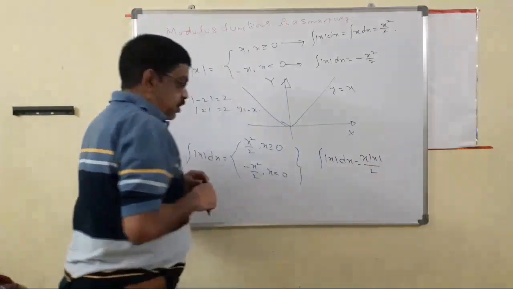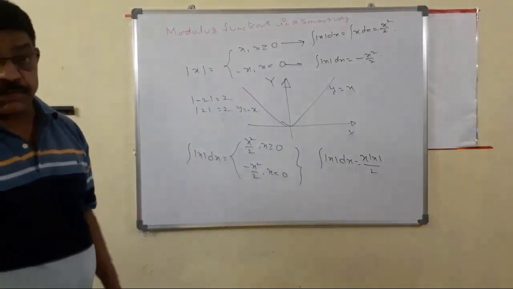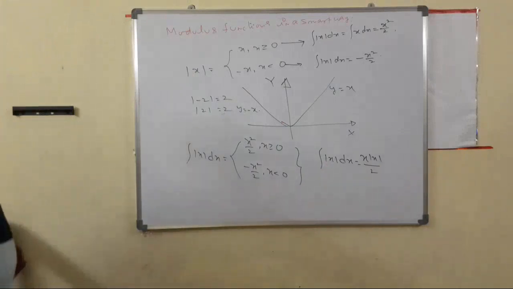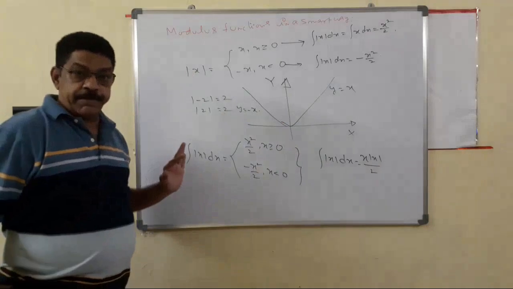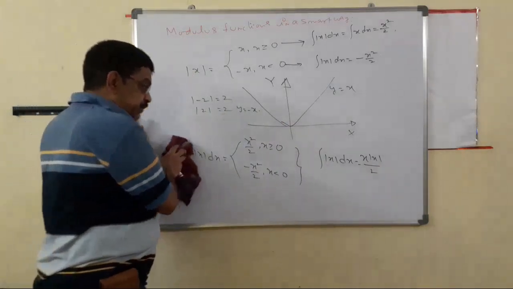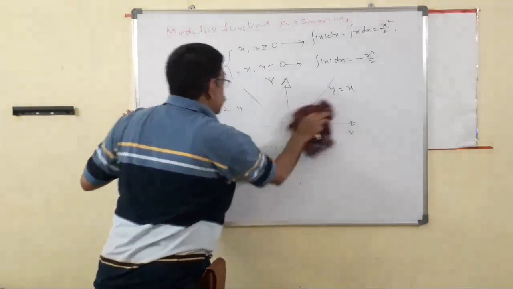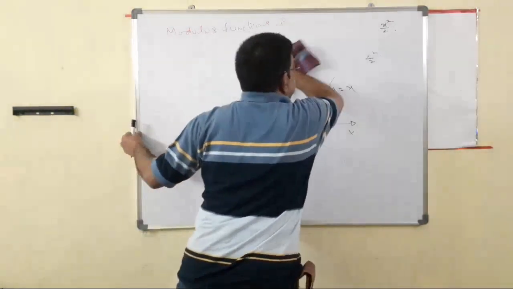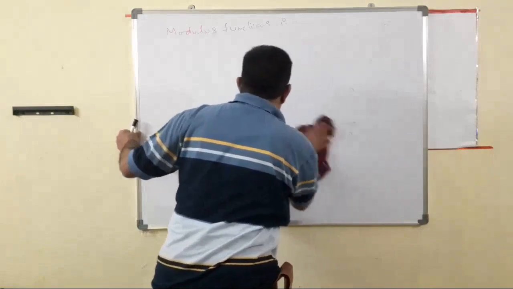Take care. Now you have a simple, compact formula: integral mod x dx equals x times mod x upon 2. Is it okay? Alright, continuing further, you have a ready-made formula for integral of mod x dx.